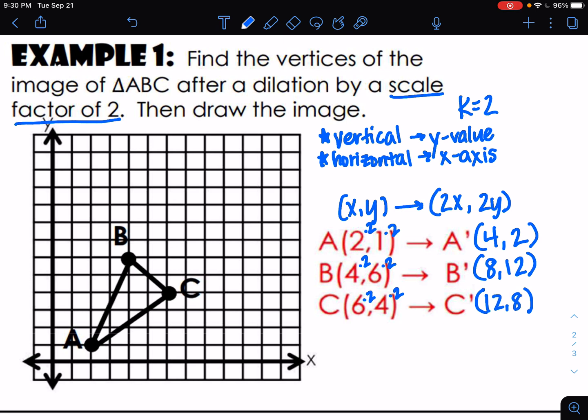Now we plot those points. Go ahead and pause the video. I'm going to silently go ahead and graph these points and check my work for accuracy. Make sure you're putting your primes on there.